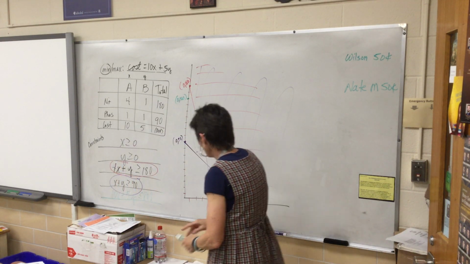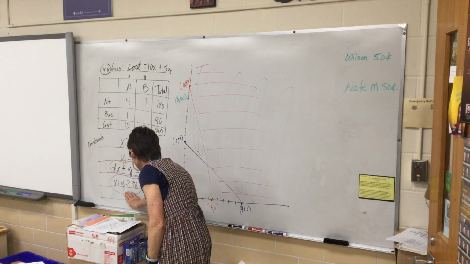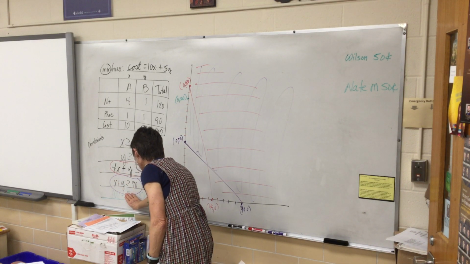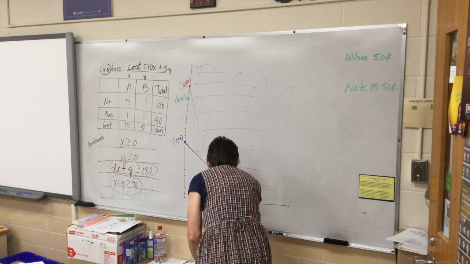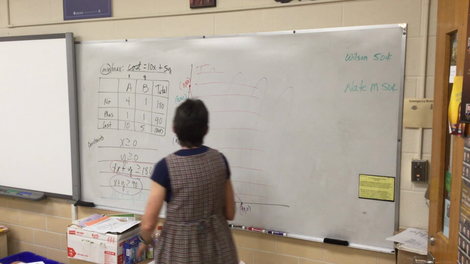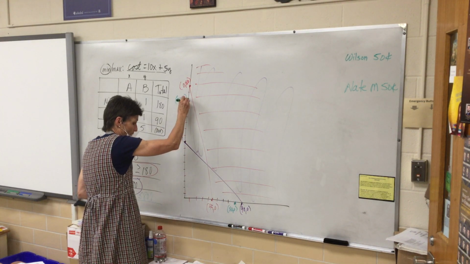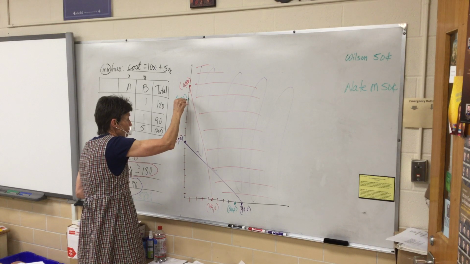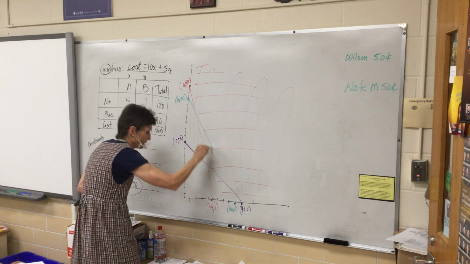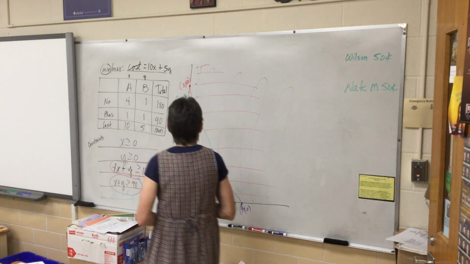And then I'm going to let y be 0. So x will be 80. So that's right here. I'm going to go ahead and draw that one in. Your picture is going to look so much better than mine. There we go.